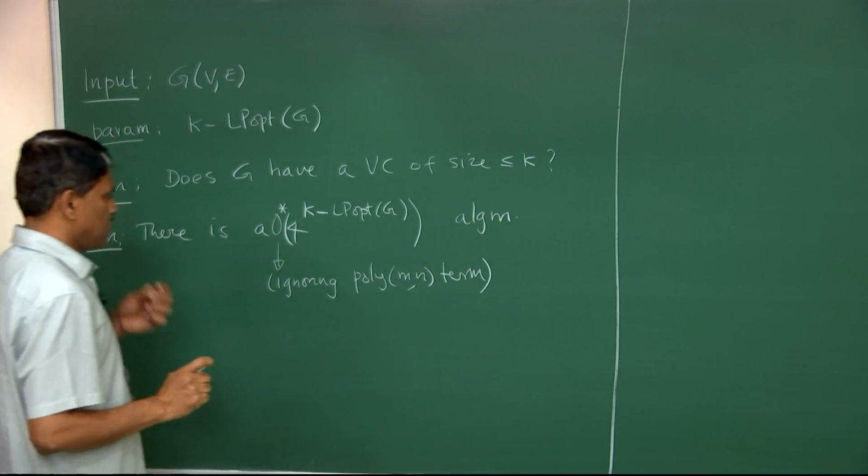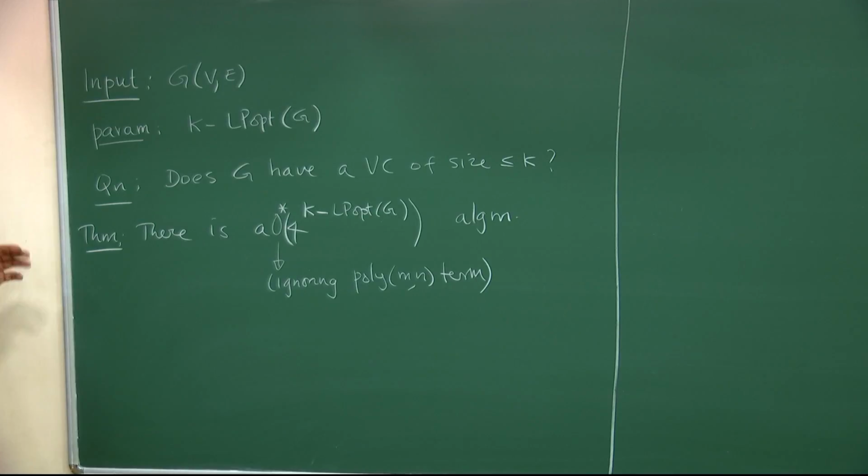Okay, so this is what we spent most of the time on last time, and the idea was to first get to an all halves solution for the LP, which we said we can do by solving the LP, removing a vertex at a time and looking at the drop in the LP value.